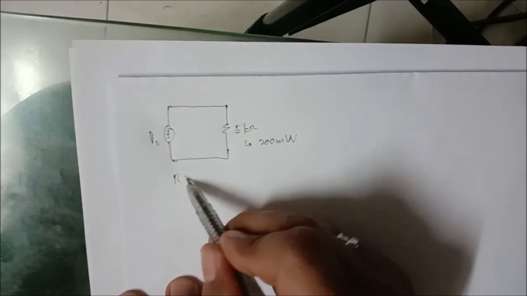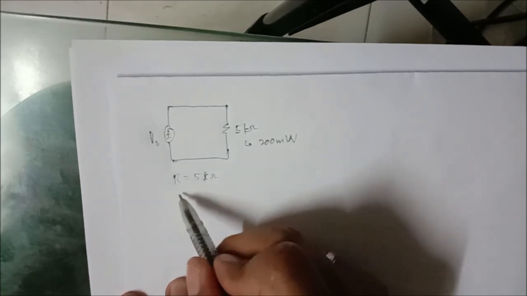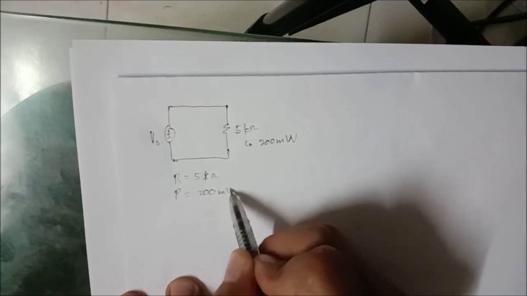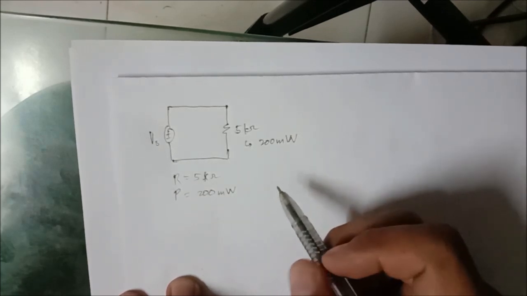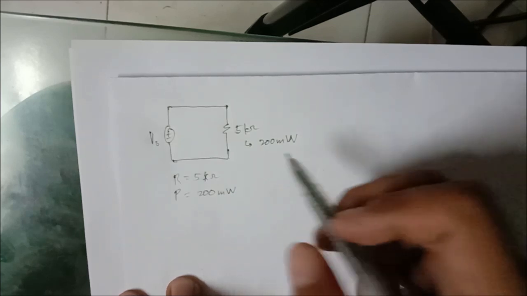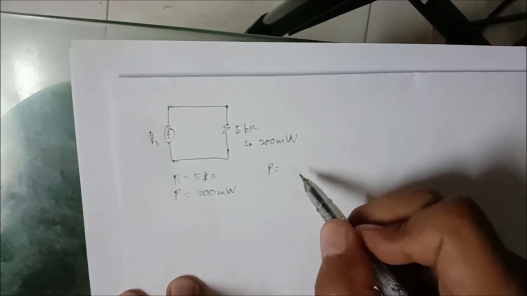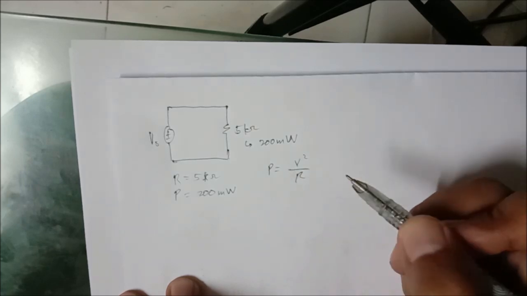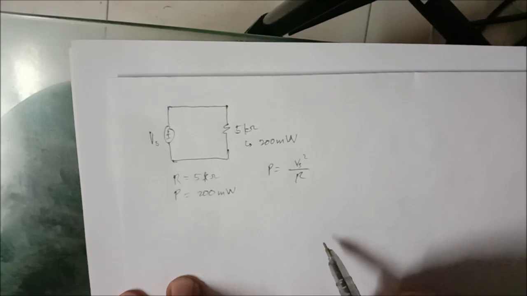So, R is equal to 5 kilo ohms and power is equal to 200 milliwatts. Ano ang formula para makuha natin si voltage? So, ang formula dyan is power is equal to V squared over R. So, lagyan natin ng V sub S para hindi na tayo malito.